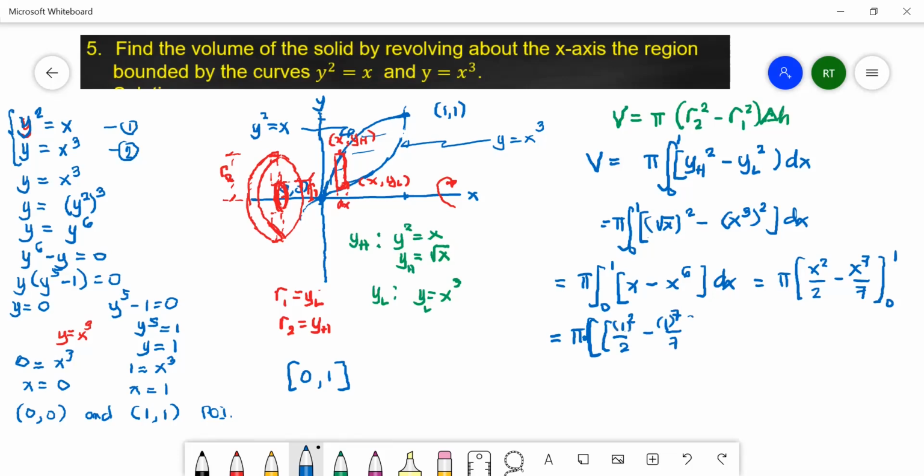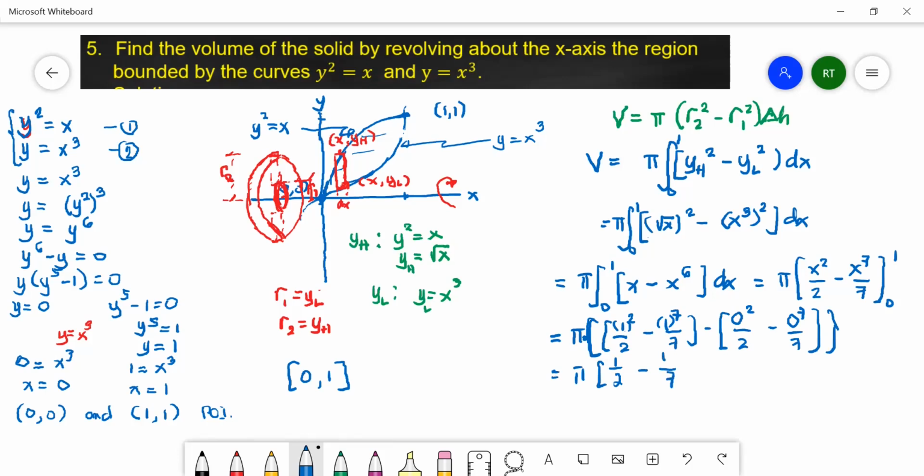minus the value of the integral when x is equal to 0. So that gives us 0 squared over 2 minus 0 raised to the 7 over 7, which of course is 0. Okay, hence volume is equal to pi times 1 half minus 1 over 7.